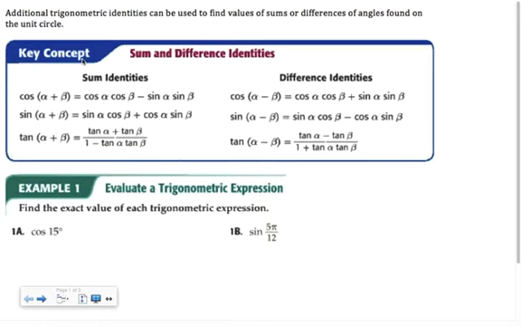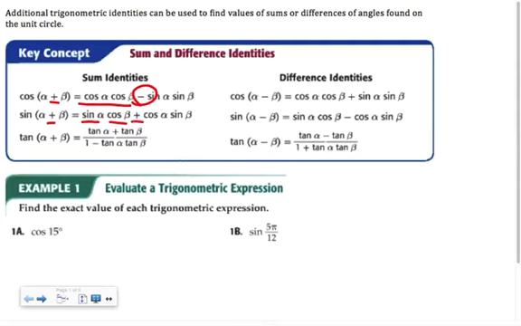A couple of things that you might want to notice: for the cosine identities, I'm taking cosine times cosine and then doing the opposite of the operation inside the parentheses. For sine, I'm taking sine times cosine and then switching them, and I'm doing the same operation as in the parentheses.